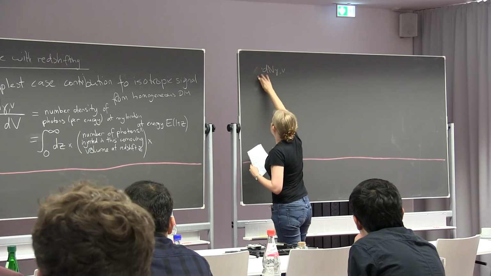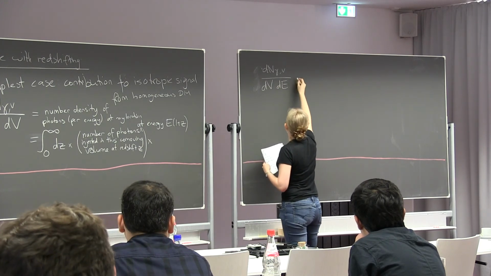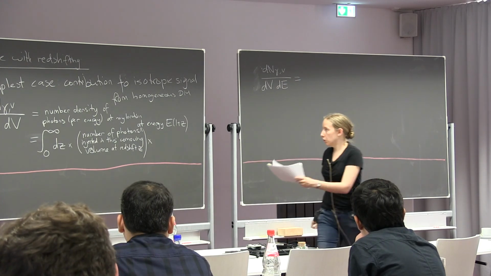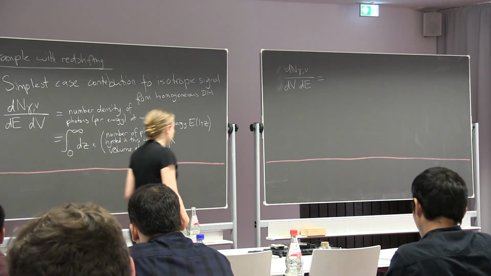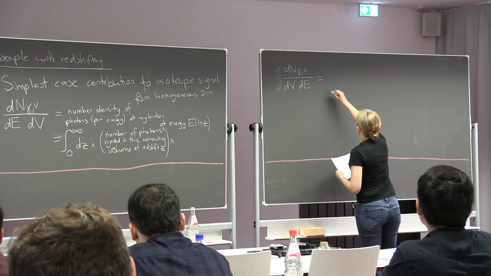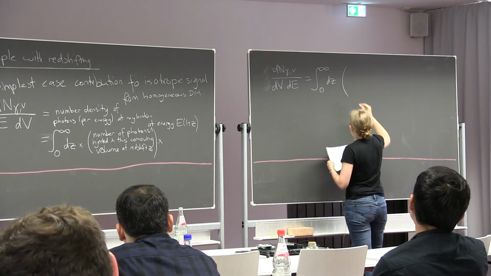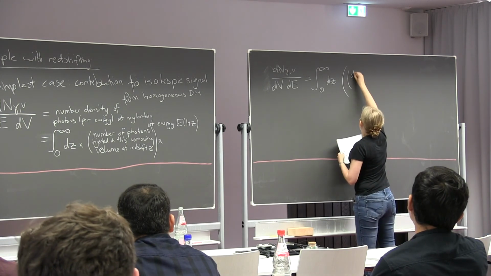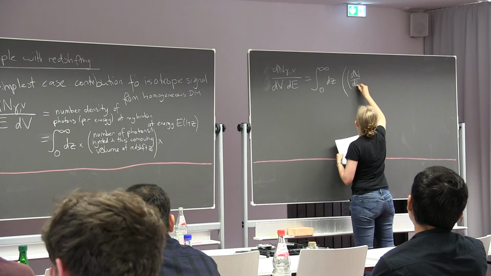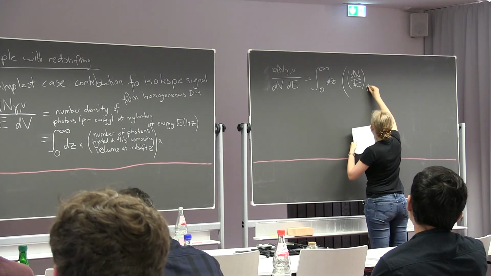So, okay. What we know is not the number of photons injected per redshift. We know how to write a number of photons injected per volume and per unit time. So let's put in the spectrum per annihilation.